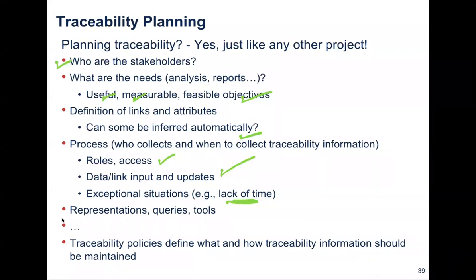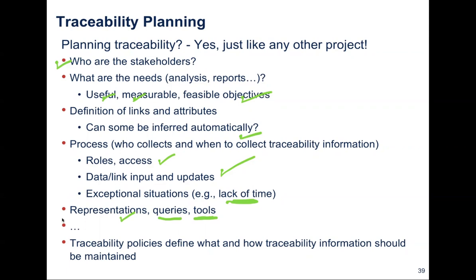Also, representation: are you going to use the matrix? Are you going to use the list? Are you going to use a tableau? What kind of queries could we apply to extract changes in requirements, and what tools will help in identifying changes and trace the requirements along the requirement lifecycle with other components?